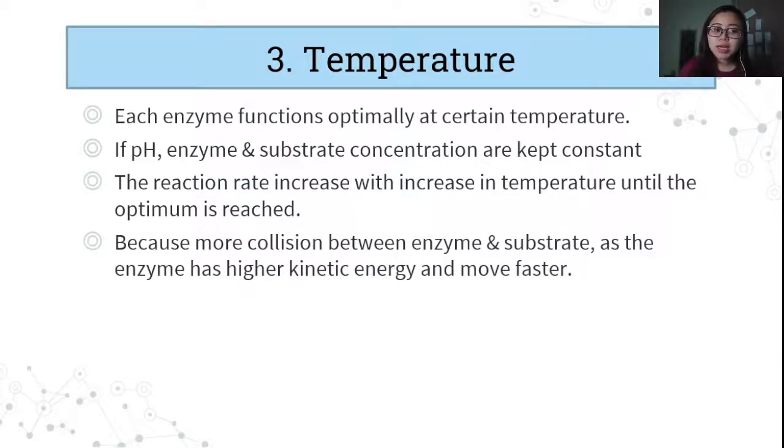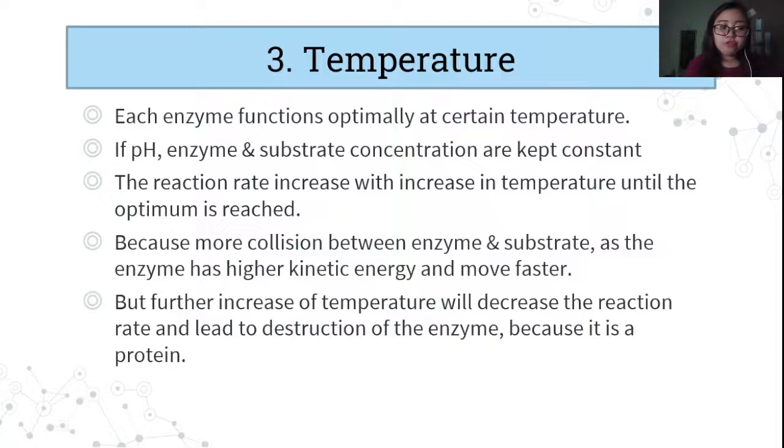This is because there is more collision between the enzymes and the substrates, as the enzymes have a higher kinetic energy and move faster when it is in higher temperature. But further increase of temperature will decrease the reaction rate and lead to the destruction of the enzyme because enzyme is a protein.